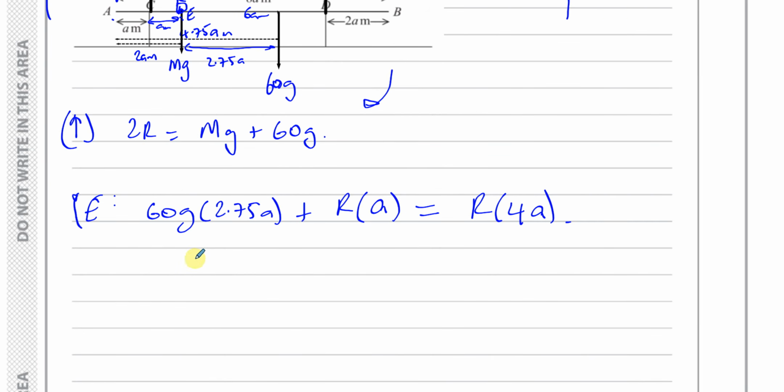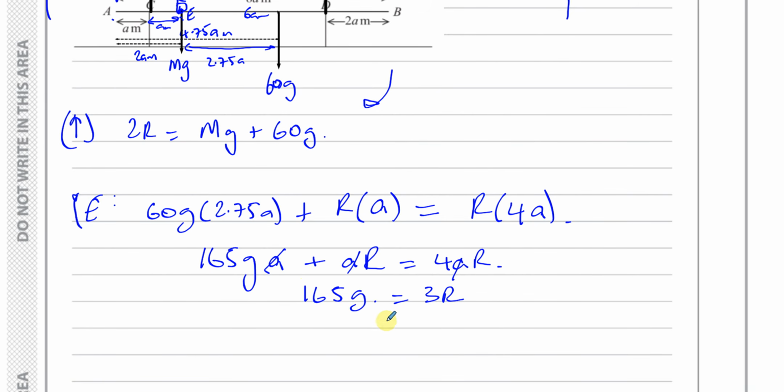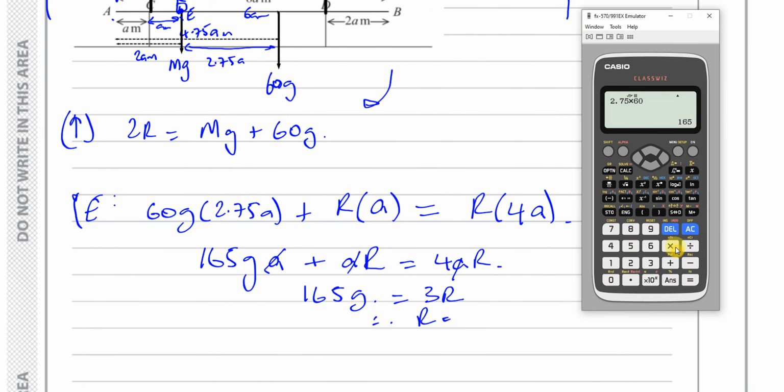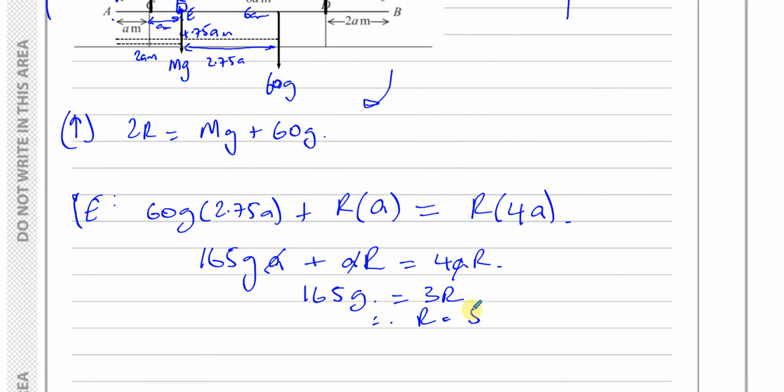That gives you 165g times A plus A times R equals 4A times R. The A's cancel out, so if we bring the R's together, 3R is equal to 165g. Therefore R is equal to 165 divided by 3, which gives us 55g. So R is equal to 55g.